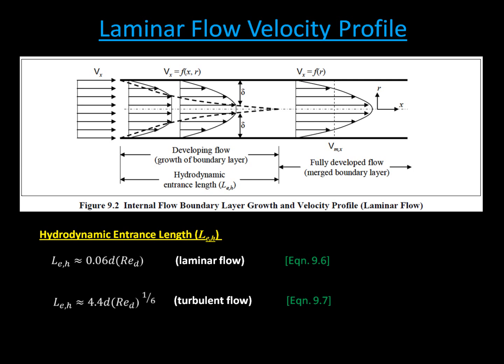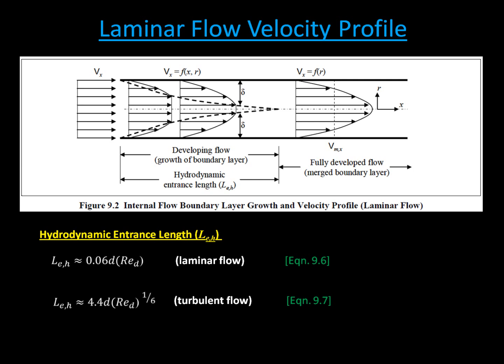Multiplied by 4.4, it is still much smaller than something like 1,000 multiplied by 0.06. So if you're comparing laminar flow versus turbulent flow and wanting to see which one develops first, you'd have to have a really, really low laminar flow velocity to get a really, really low Reynolds number for the same fluid, so that it's almost not even moving, to have a hydrodynamic entrance length that's even close to being as short as that for turbulent flow.